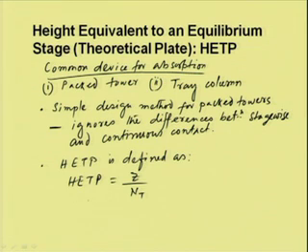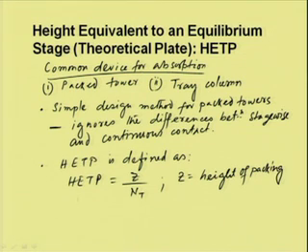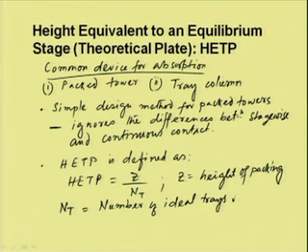Z is equal to height of packing and NT is equal to number of ideal stages or trays required to do the same job.